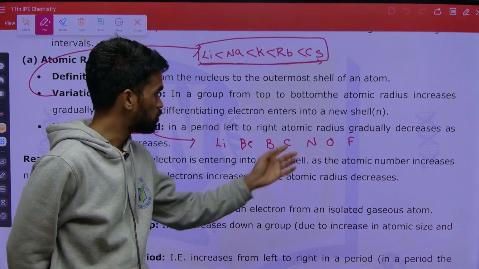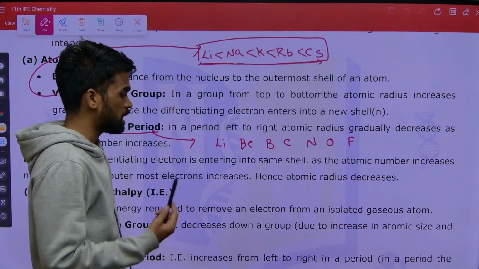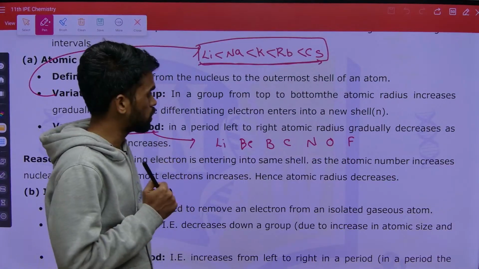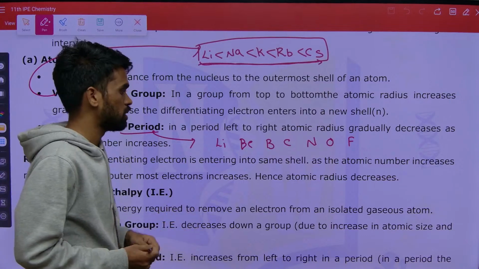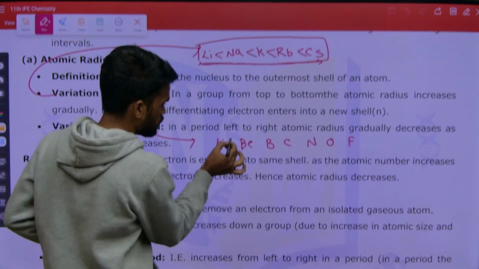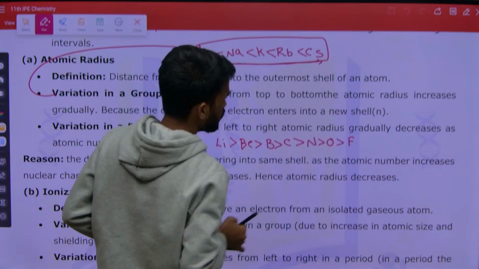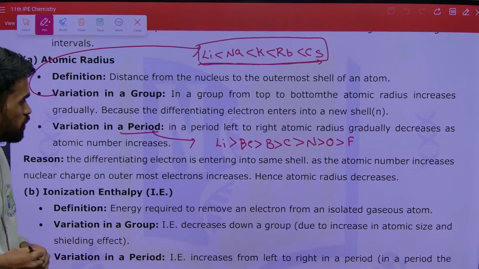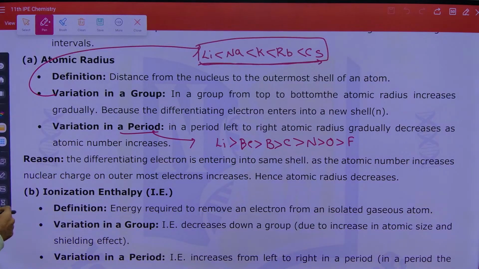That's why I am ignoring them and comparing the other elements here. Their radius is measured as van der Waals radius, but for these it is not van der Waals; it is either covalent or metallic. Now, what I told you, from left to right size decreases. So lithium is greater, then beryllium, then next boron. This is the way you can mention one or two examples, then definitely he will be impressed and give full marks.